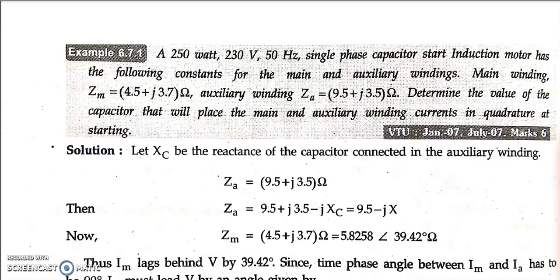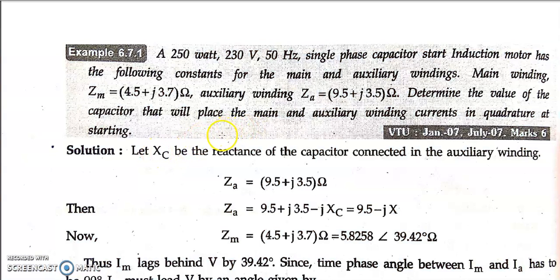That is the question. What should be the value of capacitance so that both currents have a phase difference of 90°? The current in Zm is Im, and in the auxiliary it is Ia.